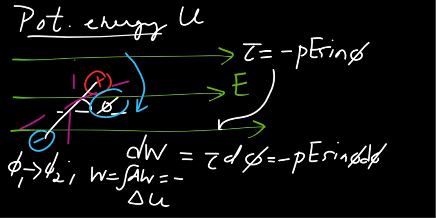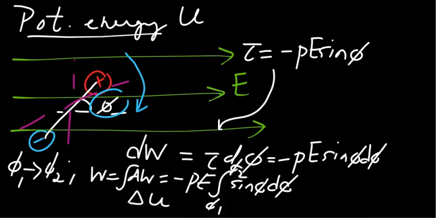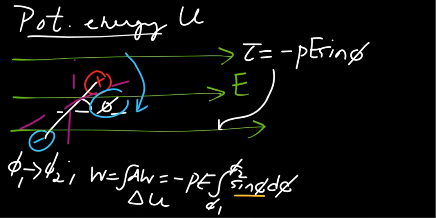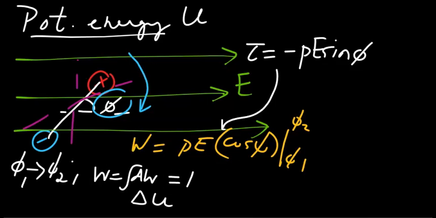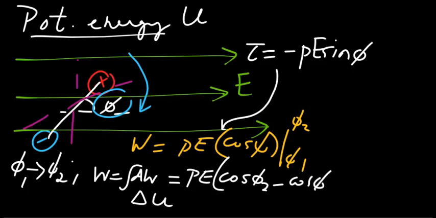And that means it is just minus PE, which can be taken out of the integral sign because they are constants, sine phi d phi, limits phi1 to phi2. Integrating sine will get minus cosine, and that minus will kill this minus, and that's going to give you PE cosine phi with appropriate limits. Putting in the limits, you will get PE times cosine phi2 minus cosine phi1.